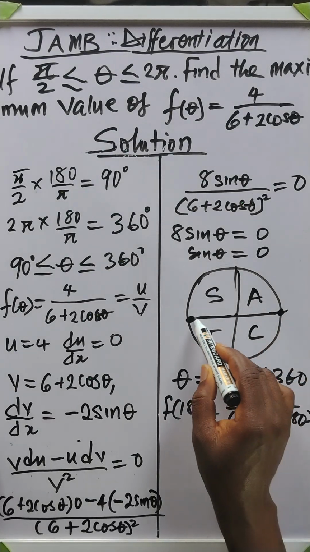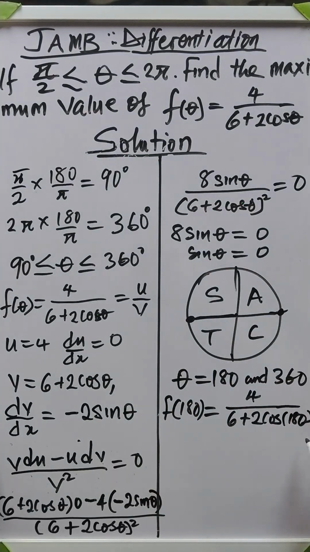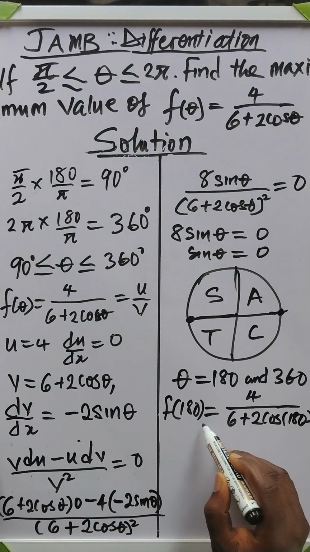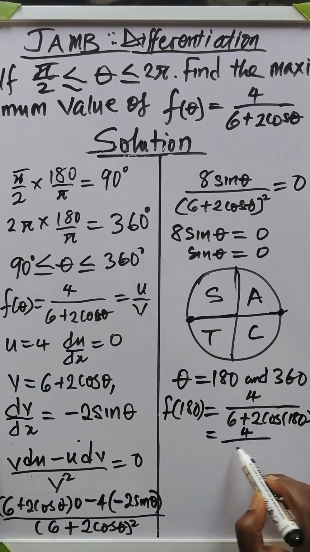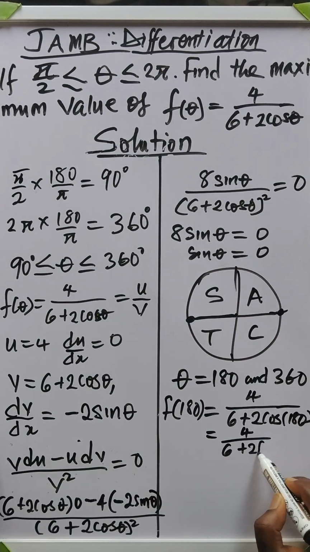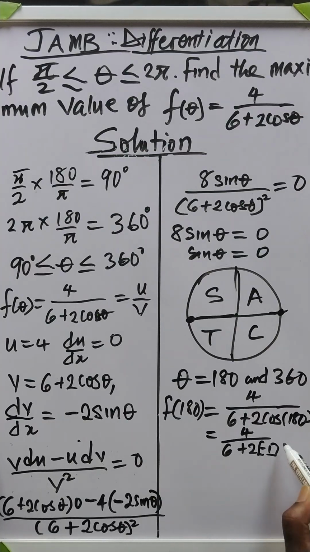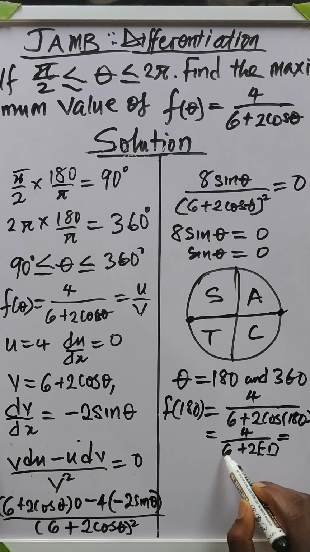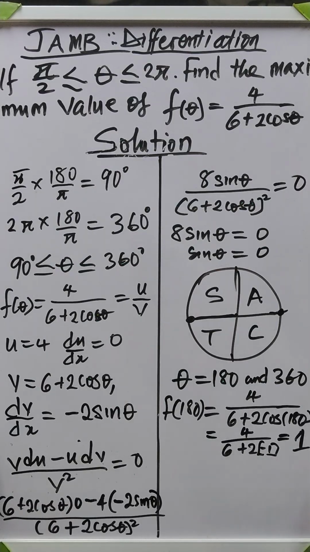So if you substitute here, this will be 4 over 6 plus 2 into negative 1. 6 minus 2 is 4, so this will give me 1.